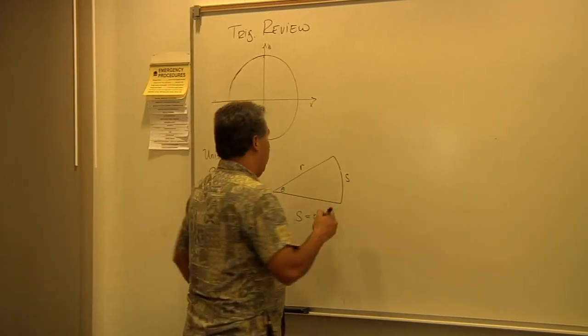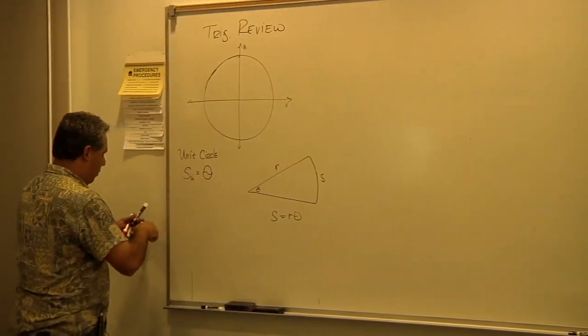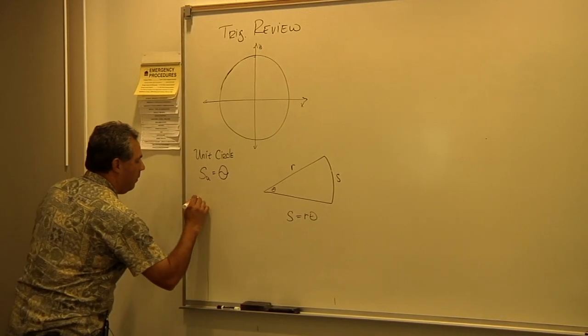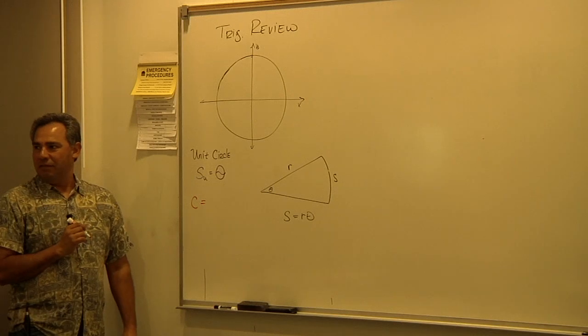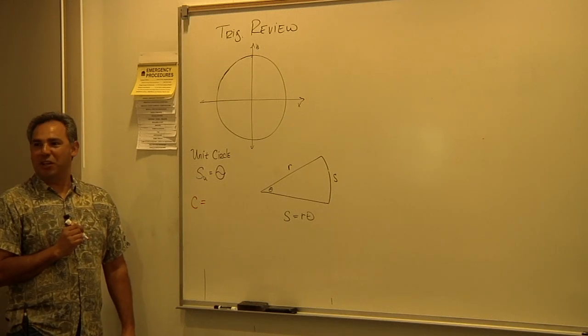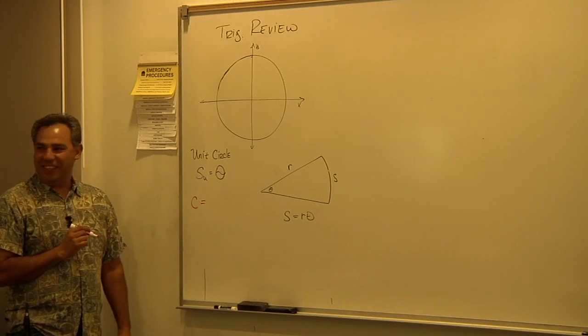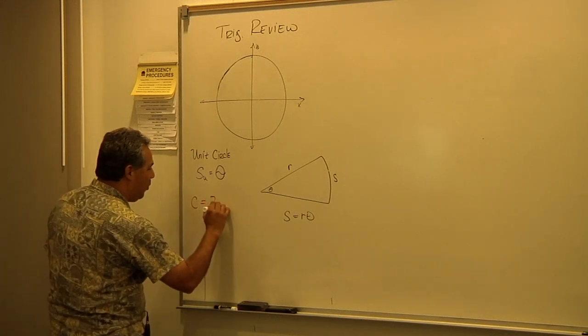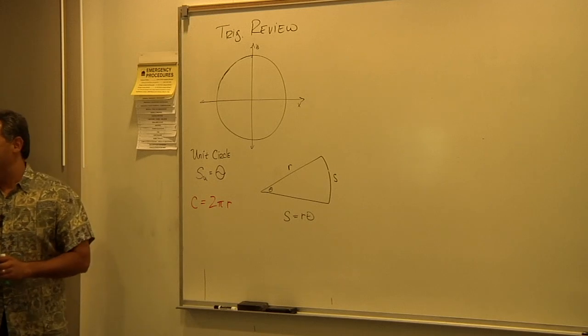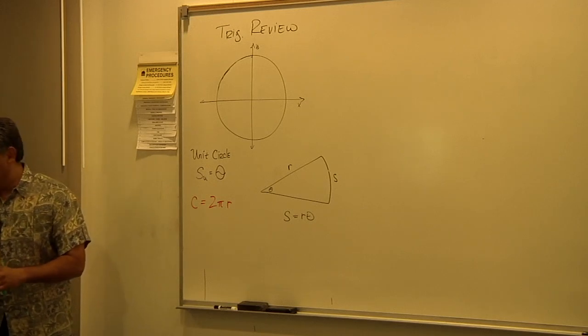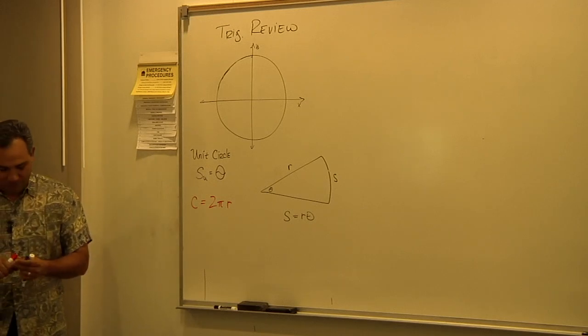Okay, so what is the equation for the circumference of the circle? C equals what? Well, sorry for asking you such a difficult question. C equals what? 2 pi r. Very good. That's the circumference of the circle, right? Did I say area? Circumference.